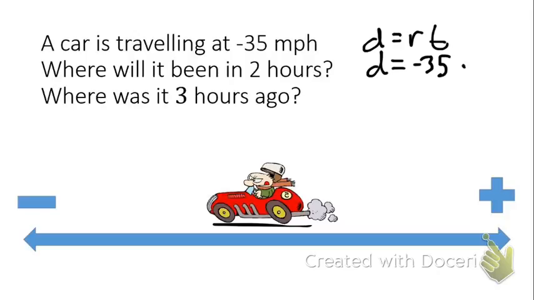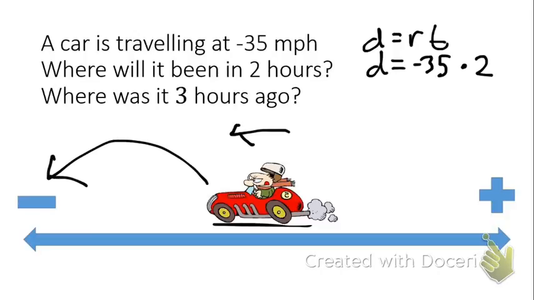Time for this first one is just 2 hours into the future. Okay, so if he's heading in this direction, 2 hours into the future, he's going to be even further over here. Which means I definitely know this is going to come out negative. So 2 times 35 is 70, and I'm going to have that negative. Negative 35 times 2 is negative 70 miles.